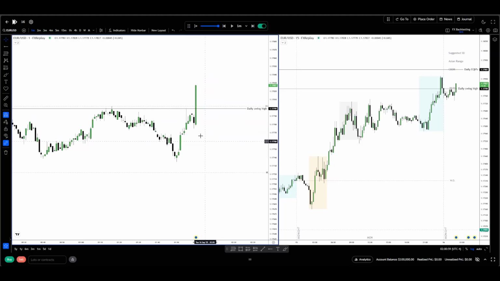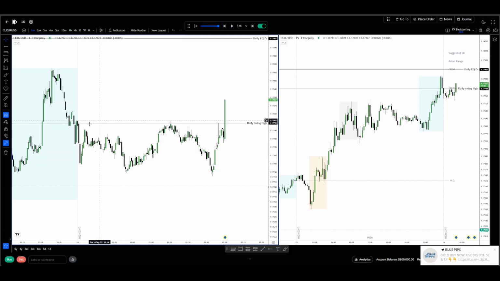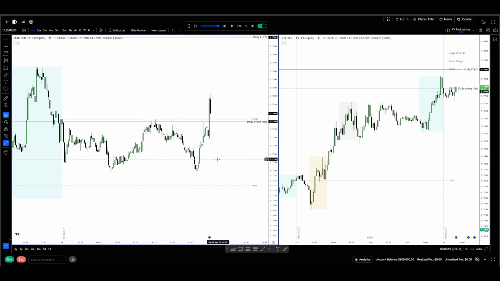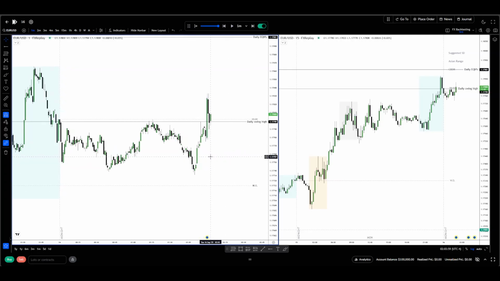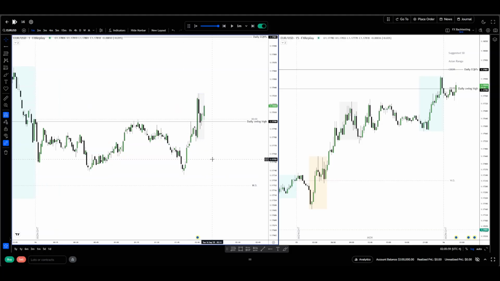Okay, so price at 2 o'clock trades higher. So this could be an accumulation, manipulation, distribution move. You're not sure. So at this moment, I'm not going to trade because it can go either way.